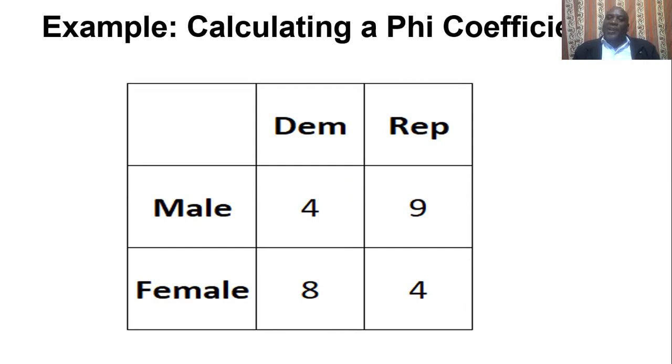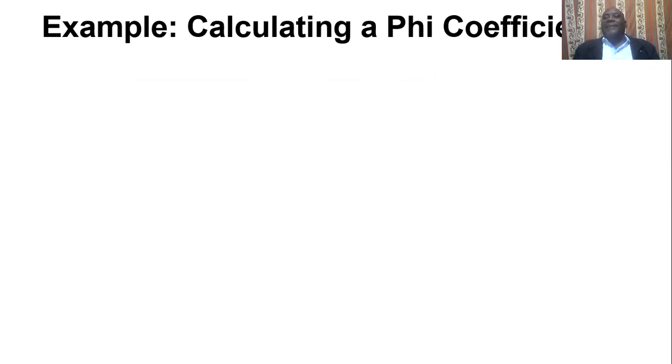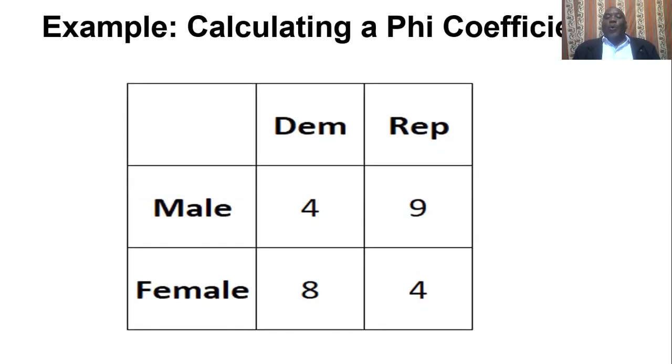On the left side, we have another variable, gender, measured as male and female. These cells inside, we name the first cell A, the second cell B, the third cell C, and the fourth cell D.